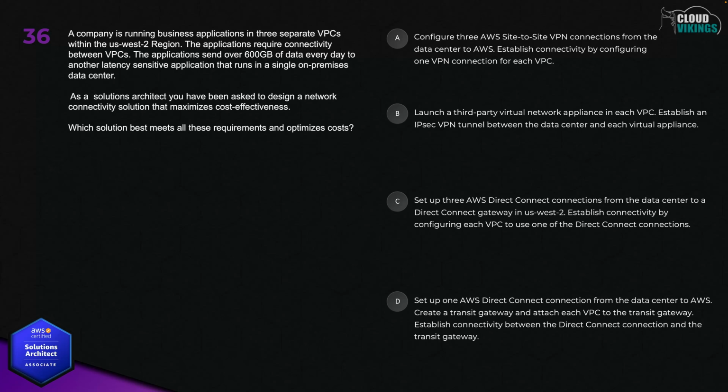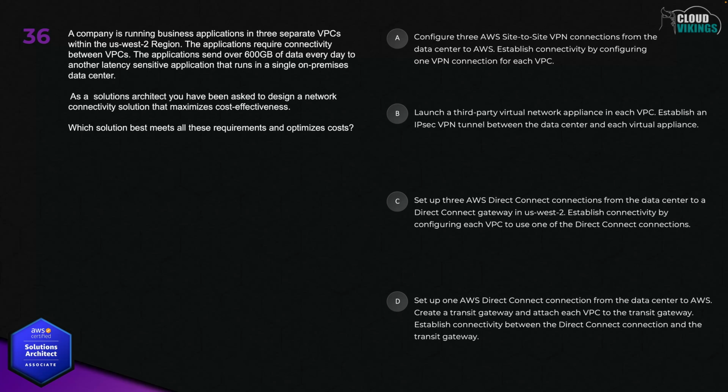A. Configure 3 AWS site-to-site VPN connections from the data center to AWS. Establish connectivity by configuring one VPN connection for each VPC. B. Launch a third-party virtual network appliance in each VPC. Establish an IPsec VPN tunnel between the data center and each virtual appliance. C. Set up 3 AWS Direct Connect connections from the data center to a Direct Connect gateway in US West 2.